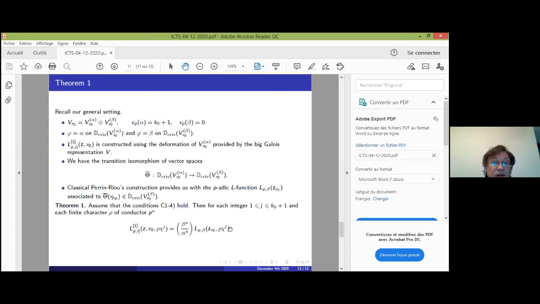This is the contribution of the finite character. So only the conductor. Is there any conceptual explanation for this factor, the reason?